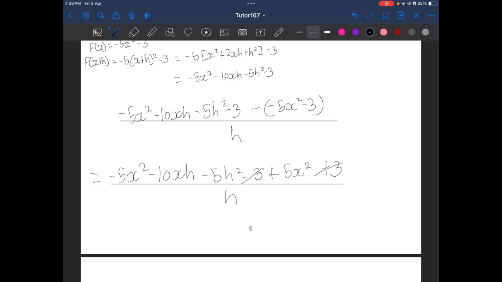Now if we look at this, we can see that some terms cancel. The 3 and the negative 3 cancel, and the 5x squared and the negative 5x squared cancel. So we're left with negative 10xh minus 5h squared, divided by h.